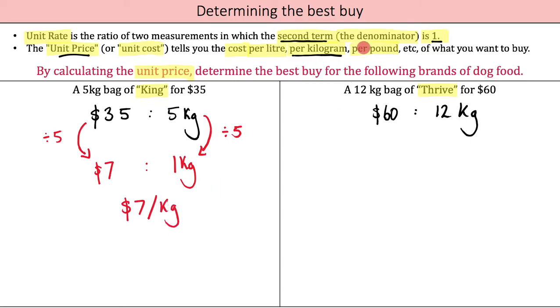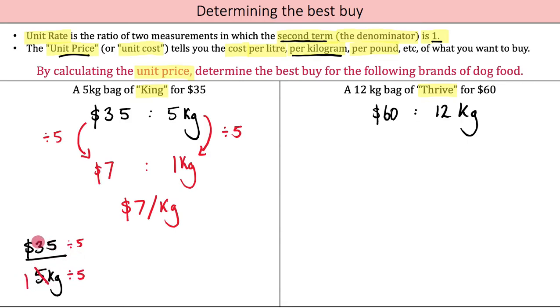Fantastic. Now, as you can see here in the definition of a unit rate, it says the second term and then in brackets the denominator. That's because we can write our ratio as a fraction. We could say it's $35 over 5 kilos. If I want my denominator to be 1, I'm simply going to divide my denominator by 5, and then I have to divide my numerator by 5, because whatever I do to the bottom, I must do to the top.